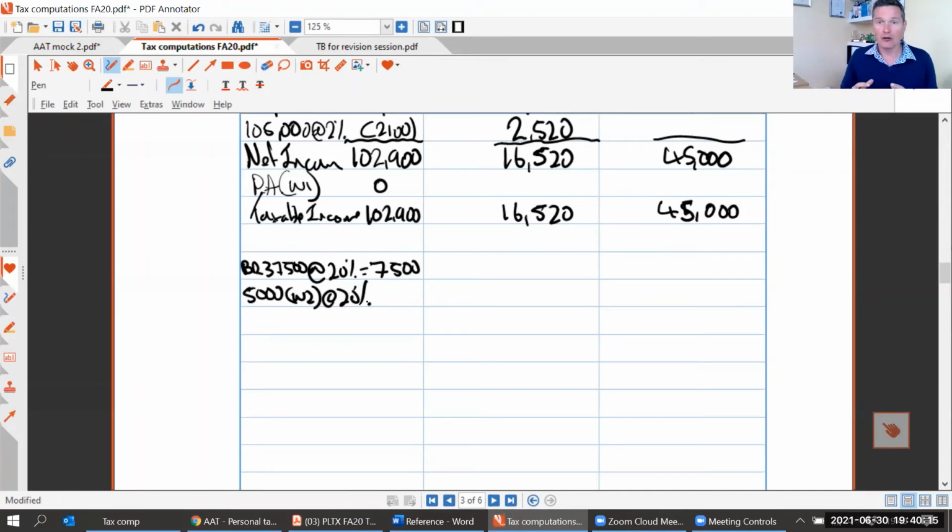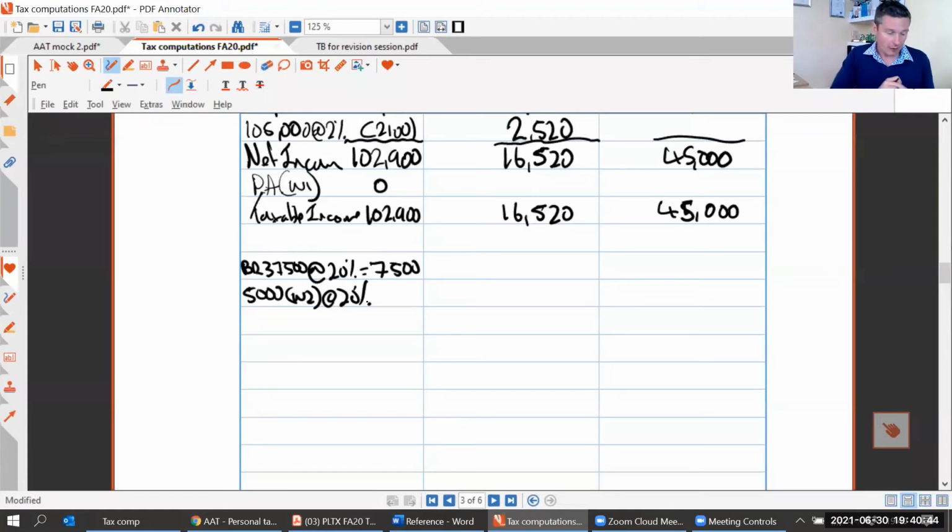Now, if you just extend the basic rate band and you get a wrong figure and you don't clearly label what you do, they don't know whether you have correctly known to extend the basic rate band, or have just used a completely wrong figure for the basic rate band. Whereas if you put 37,500 and then the extension, I would like to, if I have time, put extend basic rate band, so that you clearly know what you are doing.